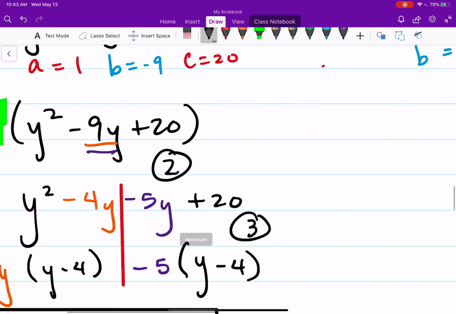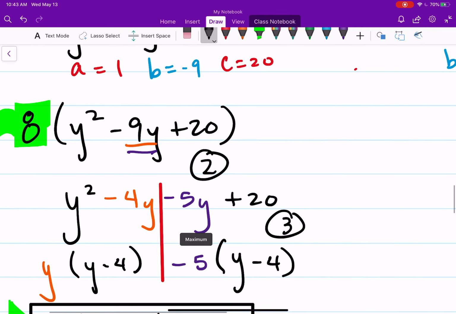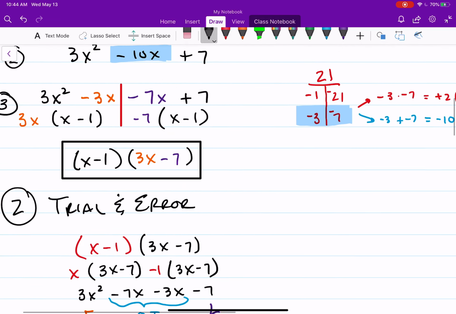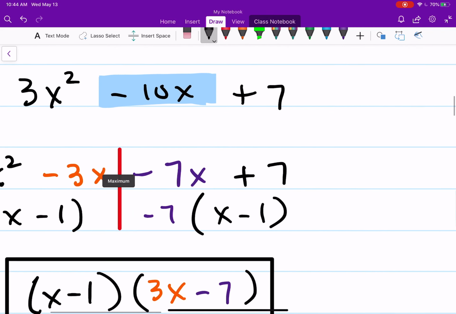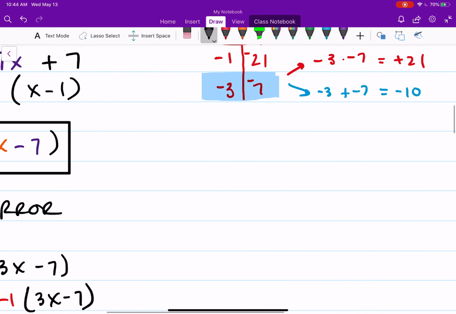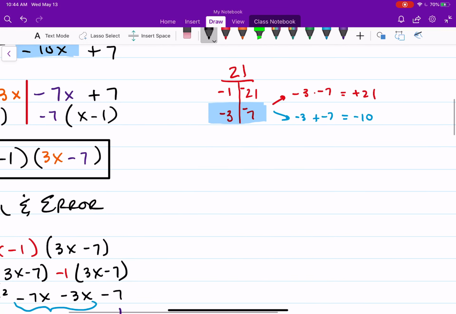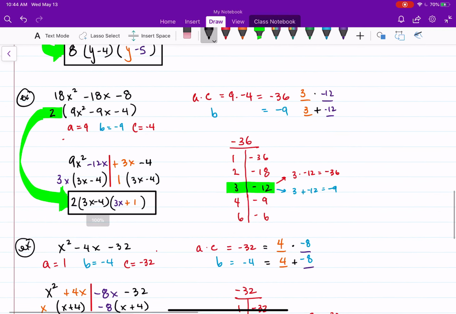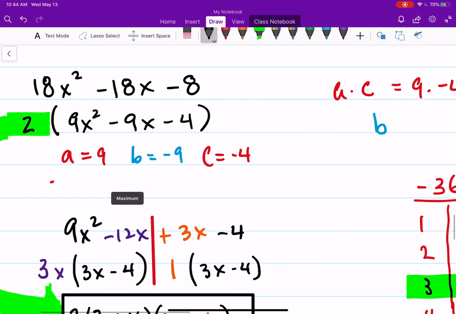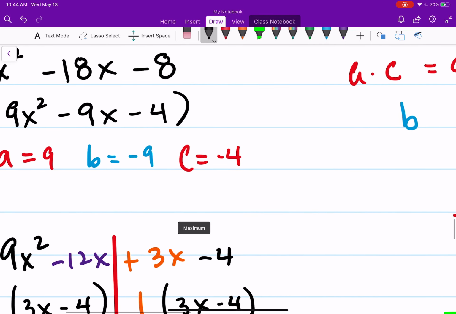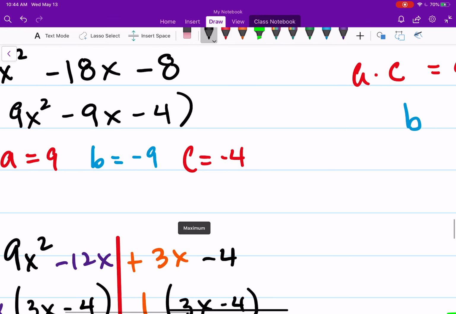Then a wouldn't equal 1, okay? Up here, that's not the case because there was no GCF, a is not equal to 1, so therefore this has nothing to do with these two numbers. In this example, even if we pulled out the 2, my a is still not equal to 1, it's equal to 9.